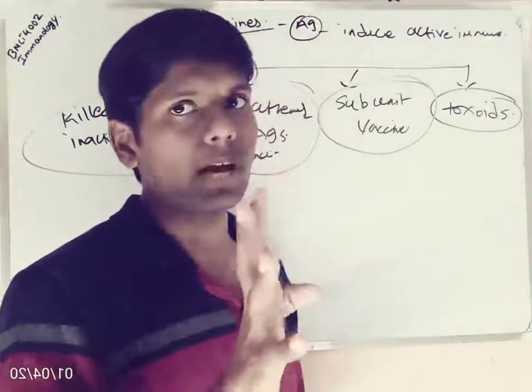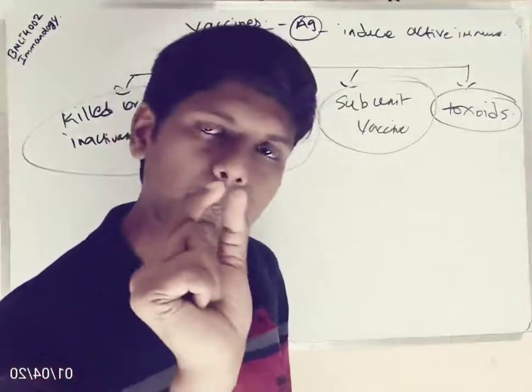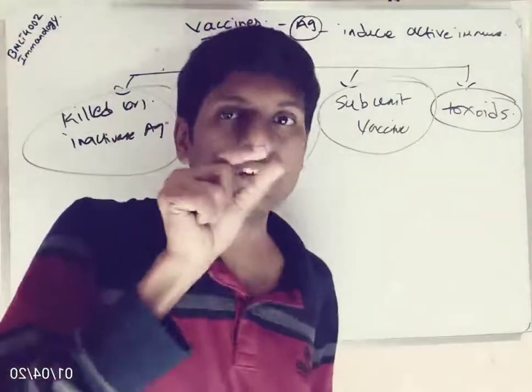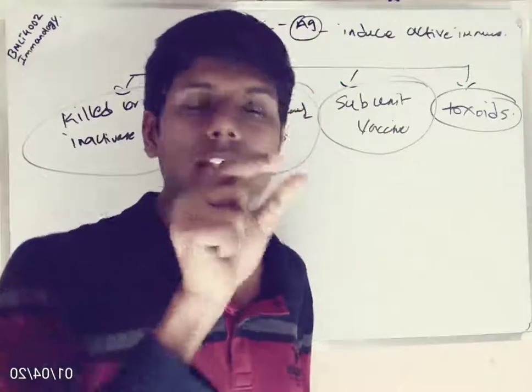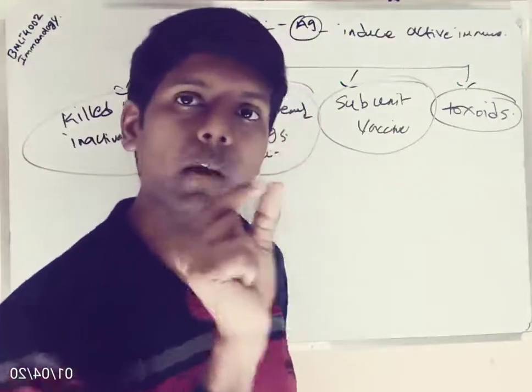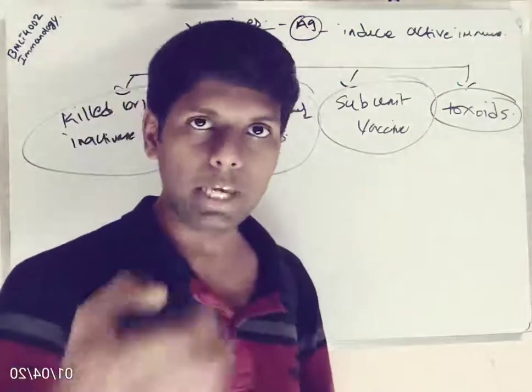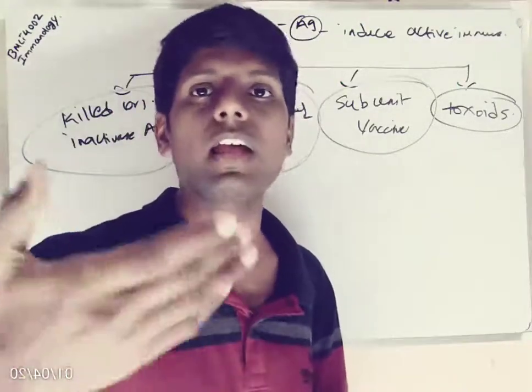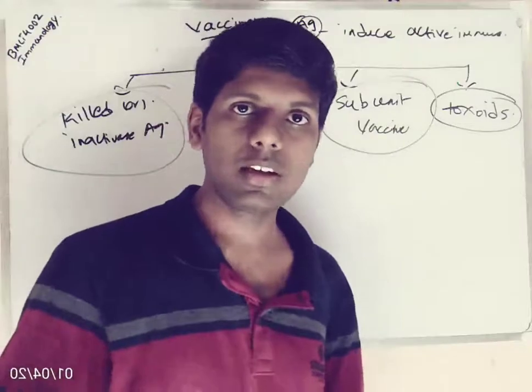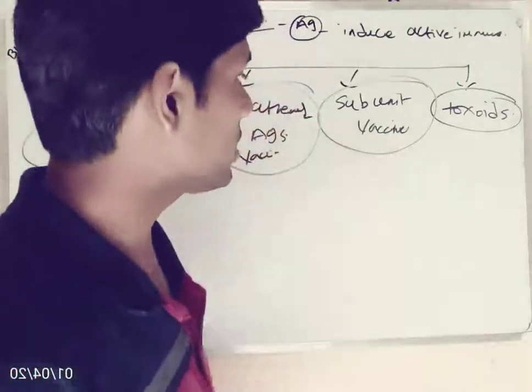So it is not the virus, but just a part of the virus, a small protein. I will give this protein as a subunit, and these subunits of the original virus protein will be given to the patient, and the patient's immune system will activate and develop immunity. So these kind of vaccines are called subunit vaccines.